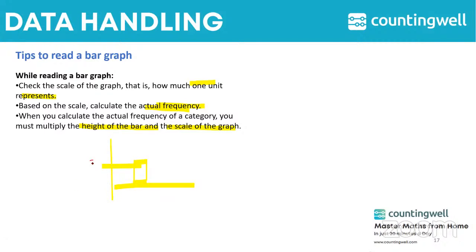What it means, for example, the height of the bar in a bar graph represents the reading as 30 vegetables, and the scale shows 1 unit equals to 20 vegetables. And here we have 10, 30, 50 and so on.